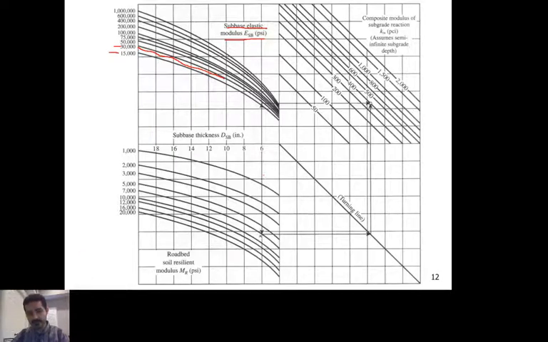And then this quarter here is the roadbed soil resilient modulus, which was 7,000, and we have a line for it, which is this one right here. Then this axis here is the subbase thickness. We can have 0, 6, 8, 10, 12, 14, 16, 18, all the way to 20 inches of subbase.